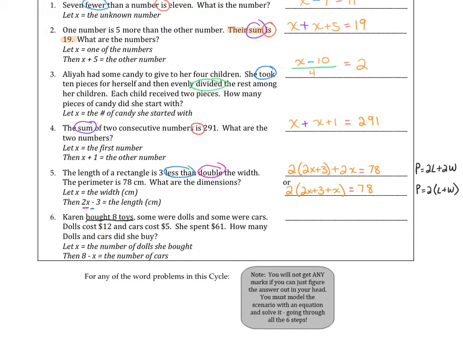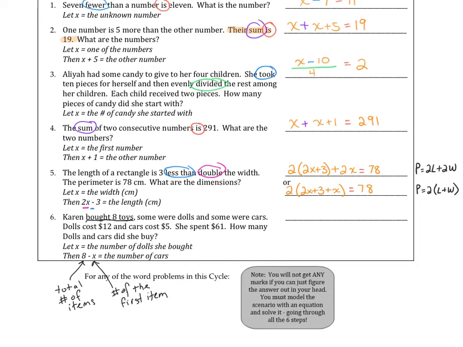So whenever you have a question where you have 2 items and they add up to a certain value, your then statement is always the total number of items minus the number of the first item.